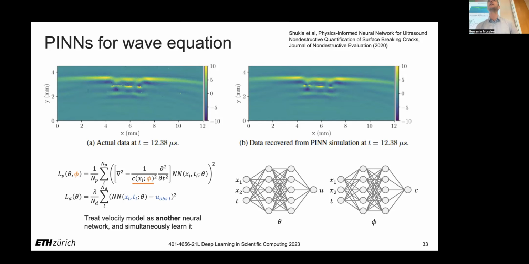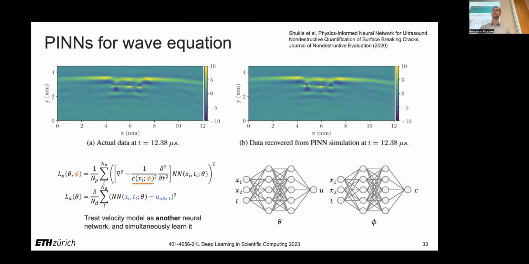Imagine if we have successfully fit the lower loss L0. It might be a possibility that the output of this neural network fits the data, but the derivative does not fit the PDE regularization.